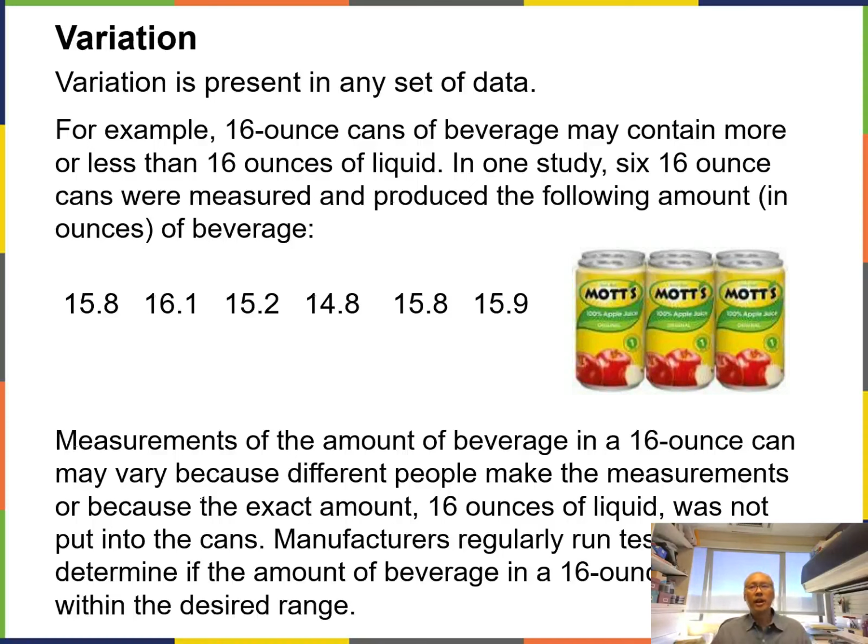A study of variation is kind of like a study in quality control, and they want fairly low variance so that they can say this is the number of ounces we have, or this is the amount of salt or sugar that we have, and it stays as consistent as possible. That's important in some of the studies that we have as well.